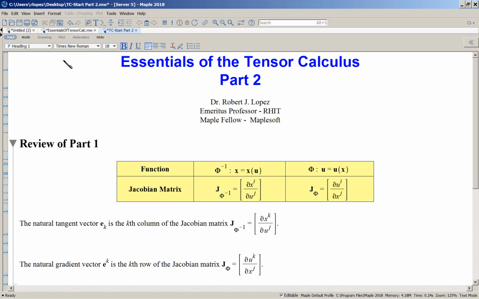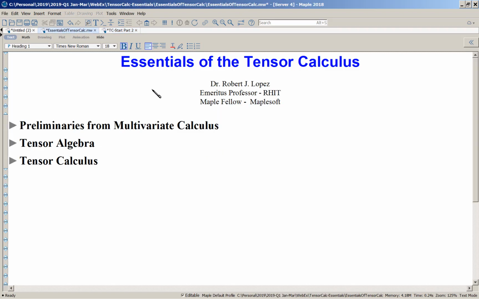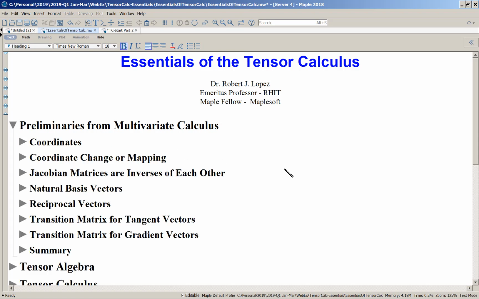So now let's proceed to part 2 itself. We remember that the preliminaries that we get from multivariate calculus have been split into 2 parts, and we will pick up today's part 2 with the connection between the natural tangent and gradient vectors.